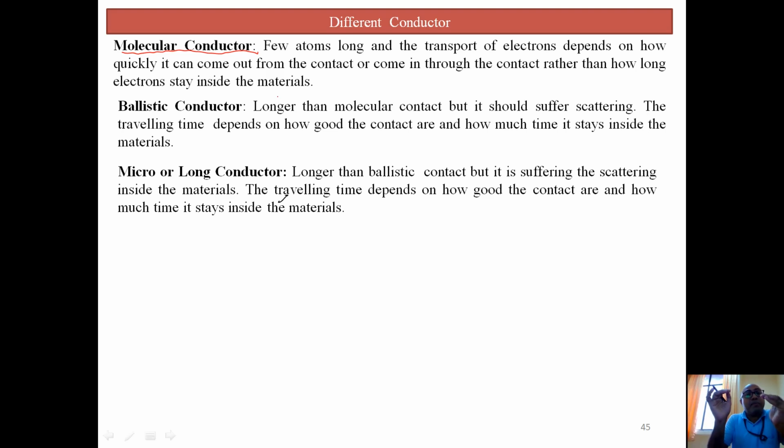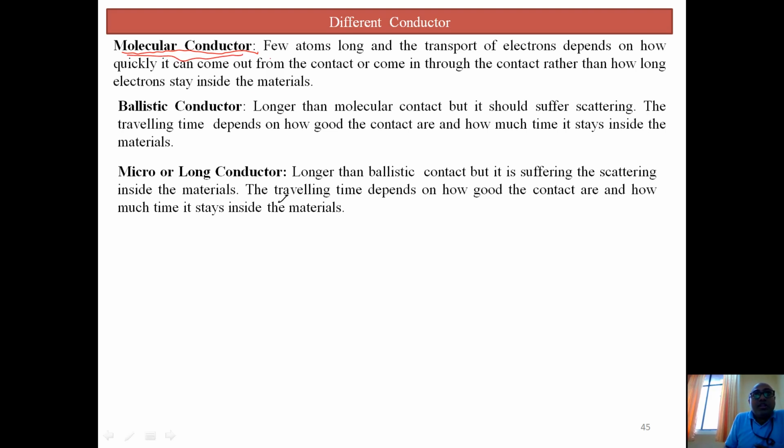The critical factor is how quickly they can come inside the material or how quickly they can get out from the material. Like gamma 1 and gamma 2 are very important, and that is what applies to the molecular conductor. Correct.